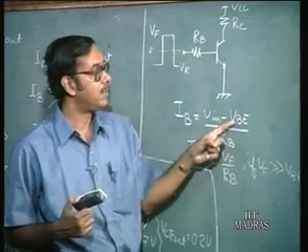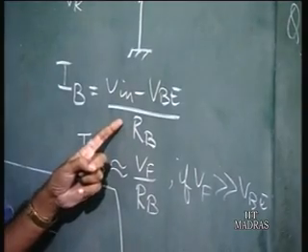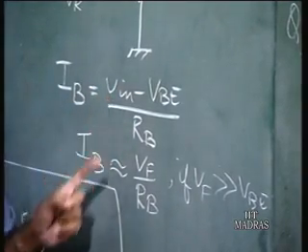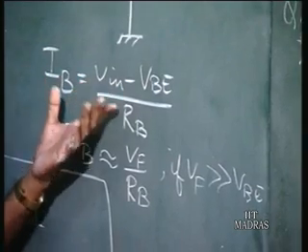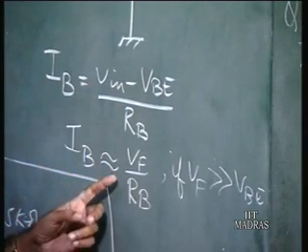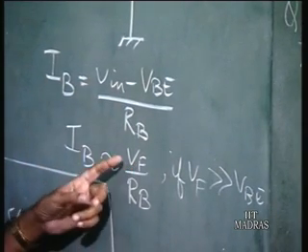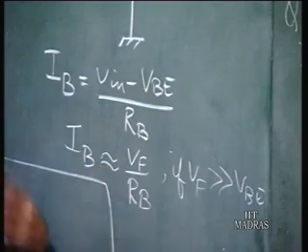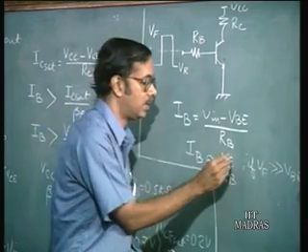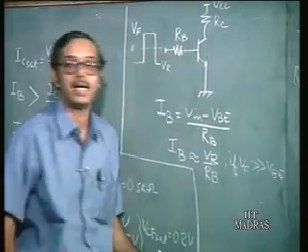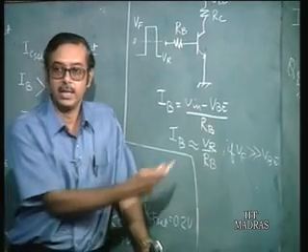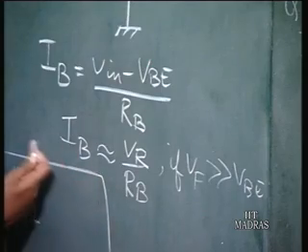VB is again small compared to V in, and now V in is negative. Again, if you look at the previous relation, instead of VF you are going to have VR. So IB will be equal to VR by RB now, the reverse voltage by RB, that is IB is going to be negative.